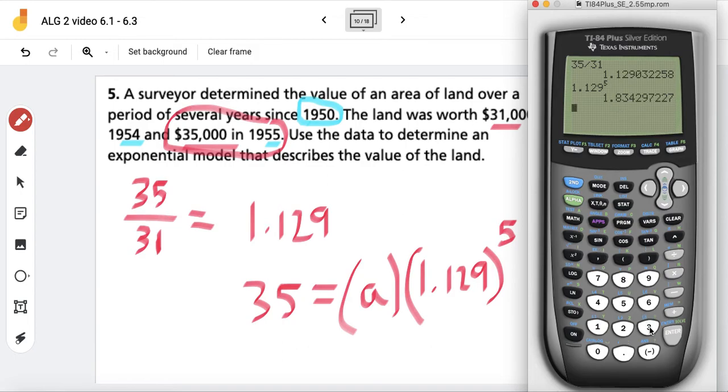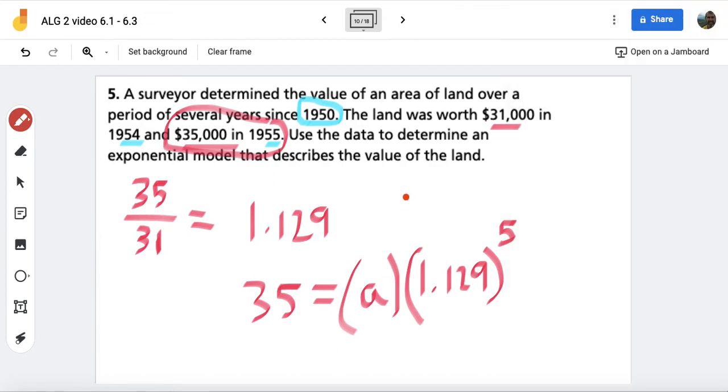That's okay. Watch this. Your calculator may have this function: I can use the previous answer. 35 divided by the answer I just got is 19.08. So that's the value of a.